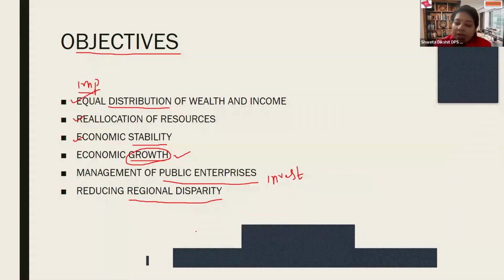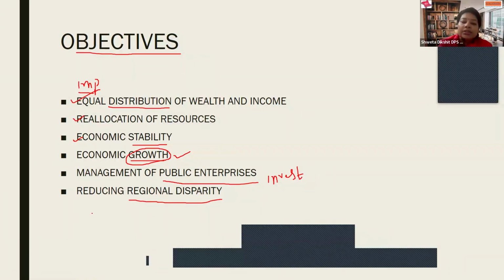AIIMS is mandatory in one in each state and sometimes more than one in the state as per the population. Opening PGI, that is Sanjay Gandhi PGI Institute, that is Post-Graduation Institute of Medical Sciences. So this, or having the metro rail projects, or having the infrastructural development projects, and many more things, which can definitely fight with the disparity or backwardness of that region.